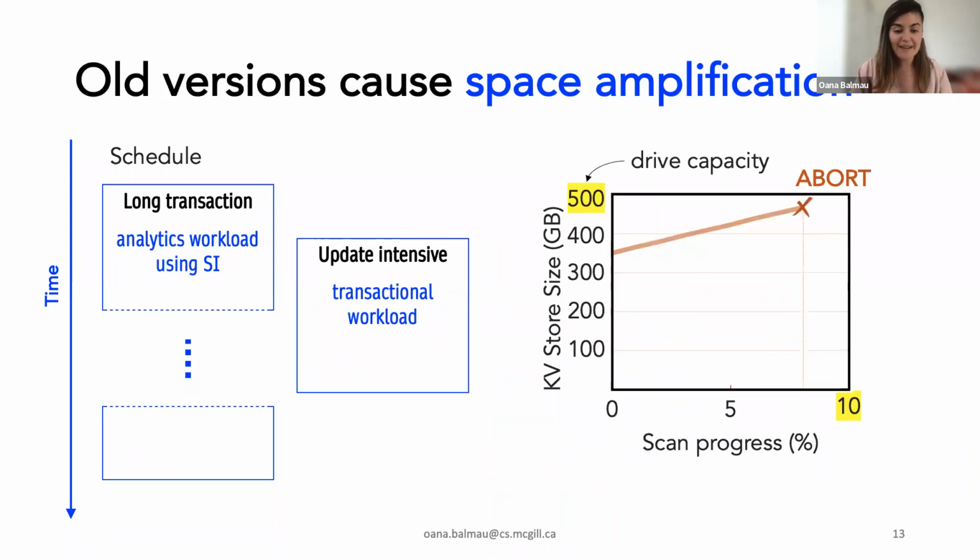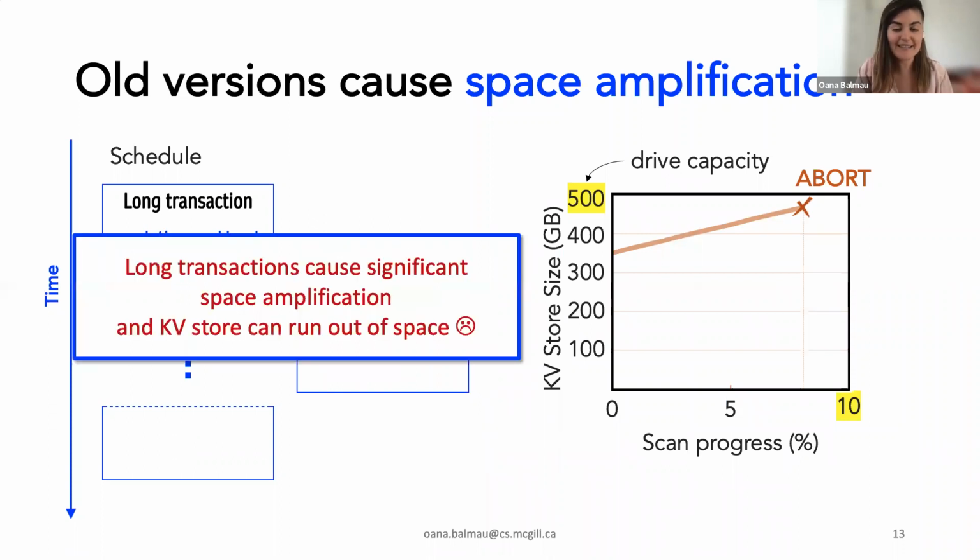An experiment that we ran on an NVMe drive in the lab with 500 gigabytes capacity, and an initial data set of 350 gigabytes, shows that the scan on the data set doesn't even progress to 10% before we run out of space due to space amplification caused by all of these concurrent updates happening on the data store.